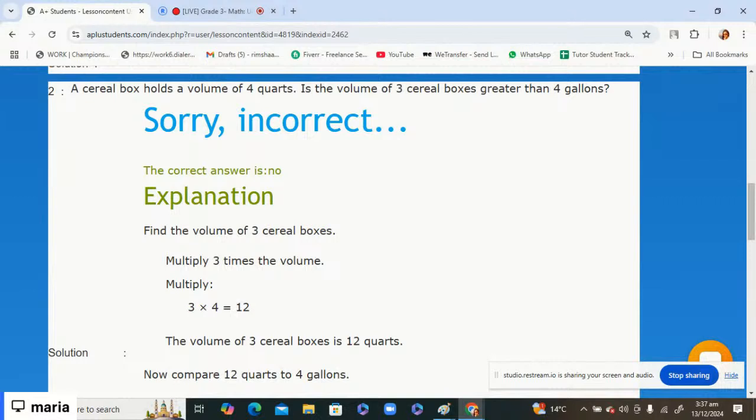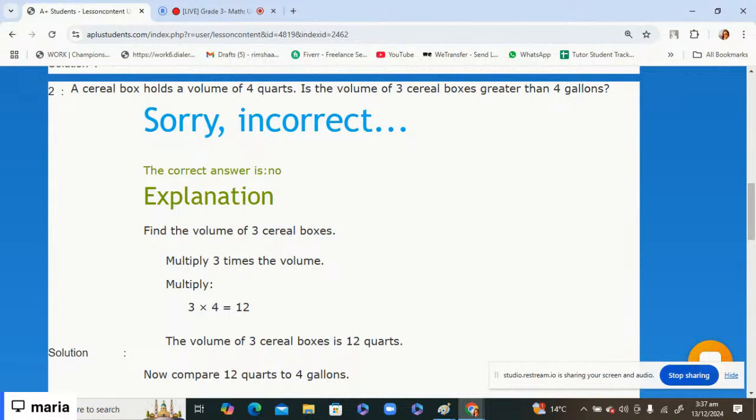A carrier box holds a volume of 4 quarts. Volume is given that is 4 quarts. Now just checking the other two options. In the first option, they are saying, is the volume of three carrier boxes greater than 4 gallons? So we are multiplying first of all. 3 is multiplied with the 4 and then 4 is multiplied with the 4.